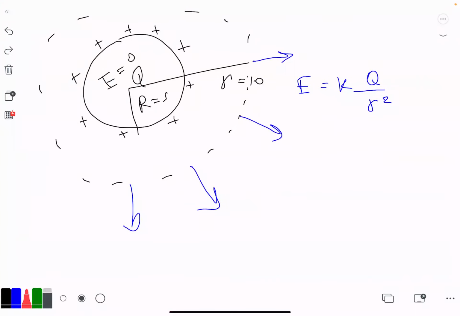The given values. Okay. So we have a charged rod. Is it positively charged or negatively charged? Negatively charged. Okay. What else is given?